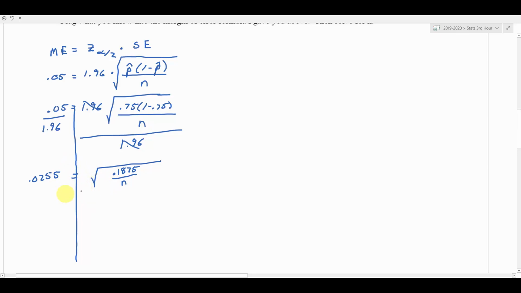Okay. Now I want to get rid of that square root, so I'm going to have to square both sides of my equation. So I'm going to square over here. I'm going to square over here, which means the square root and the square, they cancel each other out. So we'll have 0.1875 divided by n.